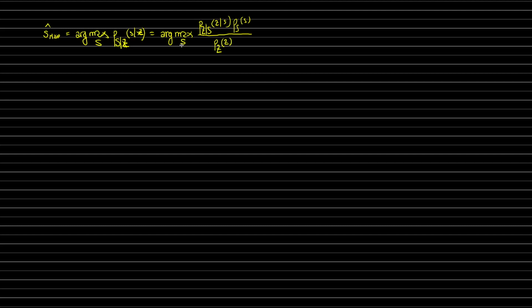We have to maximize with respect to S, so the denominator doesn't depend on S and is not relevant for maximization, so we only have to maximize the numerator. This would be P of x given S times P of S.